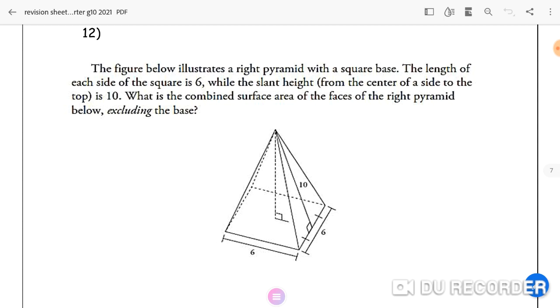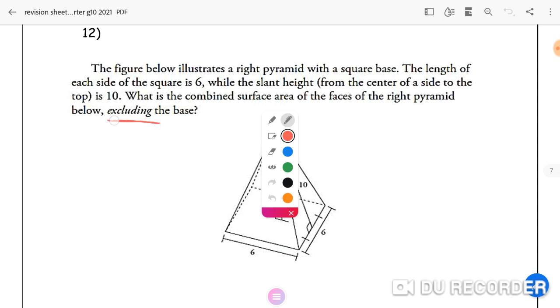The length of each side of the square is 6, while the slant height, which is from the center of the side to the top, is 10. And this information is already given and plotted on the figure. What is the combined surface area of the faces of the right pyramid below, excluding the base?